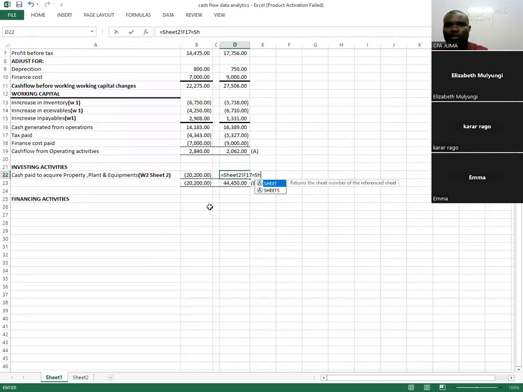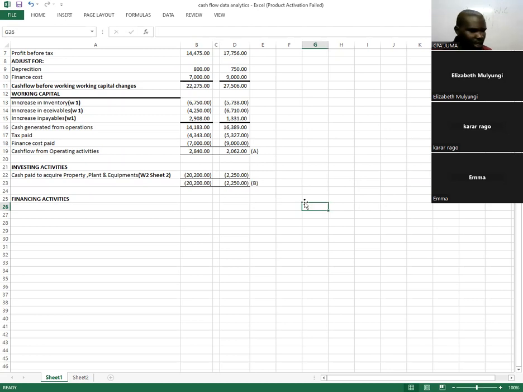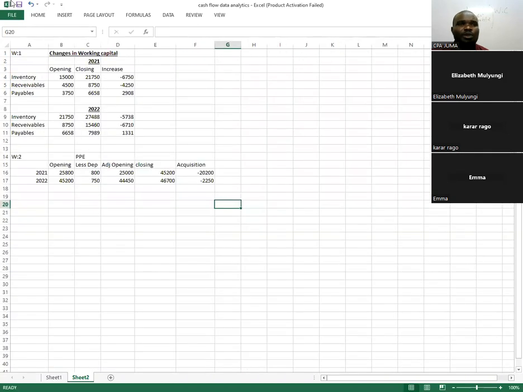I do away with this one. There. So Justin, thank you. It is an adjustment which we needed to capture for PPE. Depreciation, we were supposed to subtract. You take this minus this, then you get the adjusted figure. Then the adjusted is what you compare with the closing. I hope that is now okay.